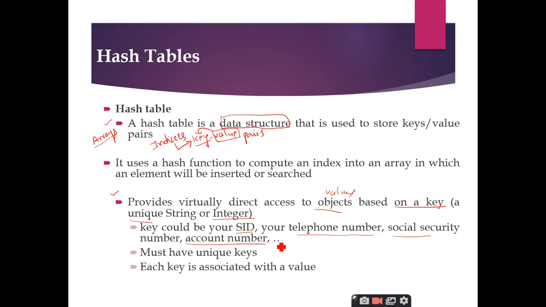Like that, you have a number of things which you come across in your life which are unique for each and every individual, right? Account number is unique, telephone number will be unique, Aadhaar number will be unique, SSN will be unique, PAN card will be unique, the passport number will be unique. So whenever you are making use of this unique hashing, you should concentrate on generating the unique keys. So you must have unique keys, and these keys are associated with a value, which we call key value pairs. Is it clear?